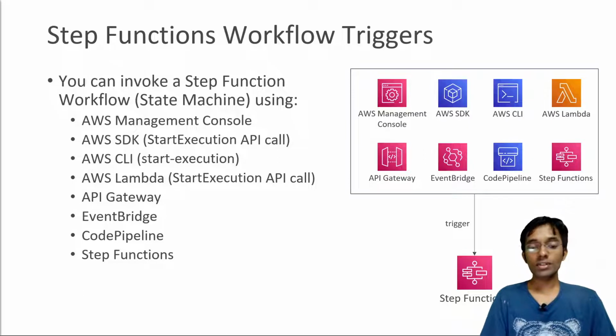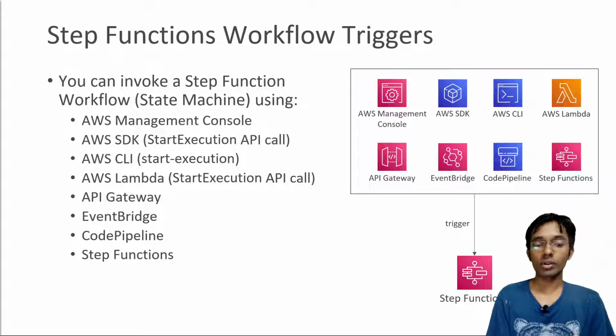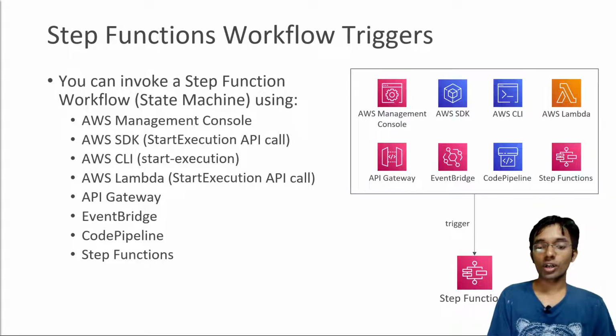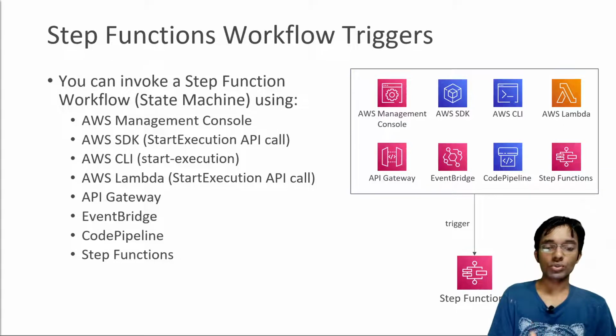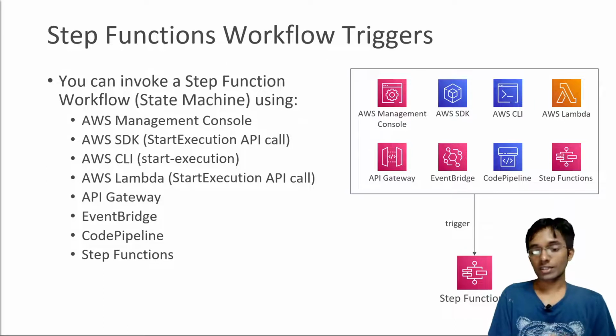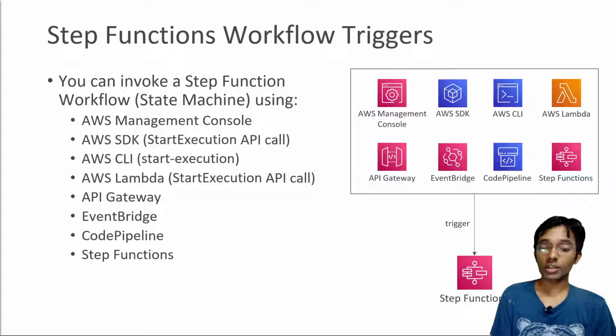On top of it, there are multiple ways to trigger Step Functions. So you can invoke and trigger a Step Function state machine using the Lambda console, using the AWS SDK, you can use the CLI. You can use API Gateway, so that any call to API Gateway does trigger a Step Function.